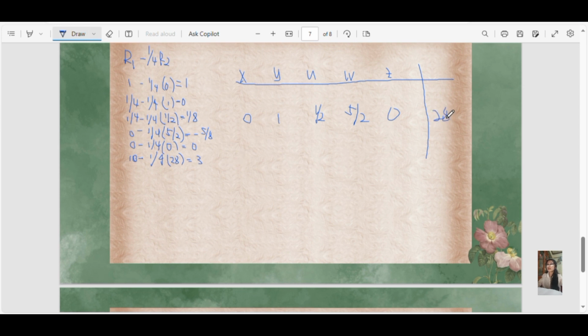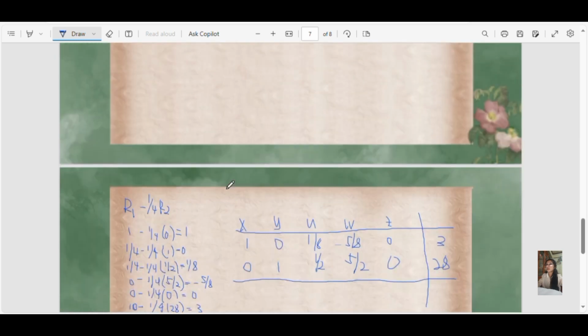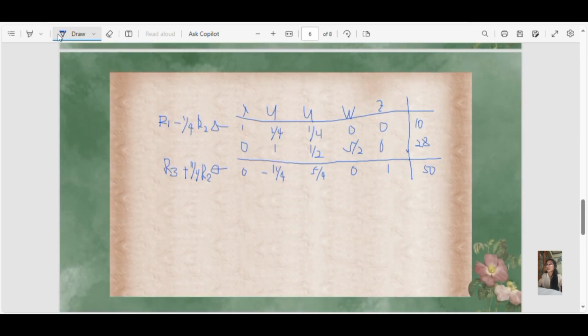So we calculated row 1, and let's just copy it: negative 1 over 8, 0, and 3. The last one is row 3.